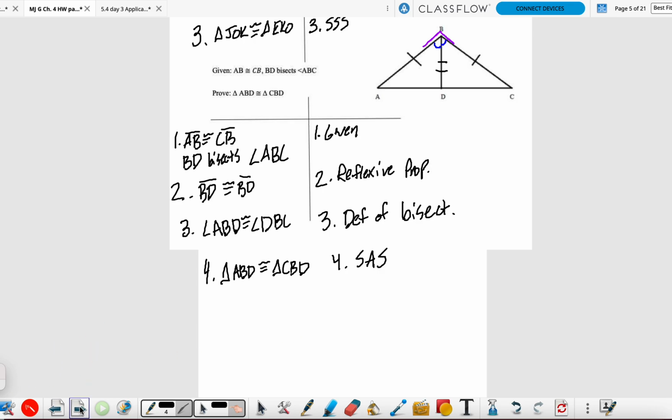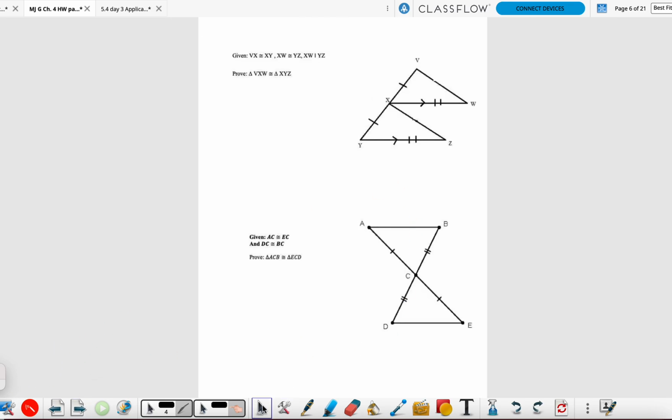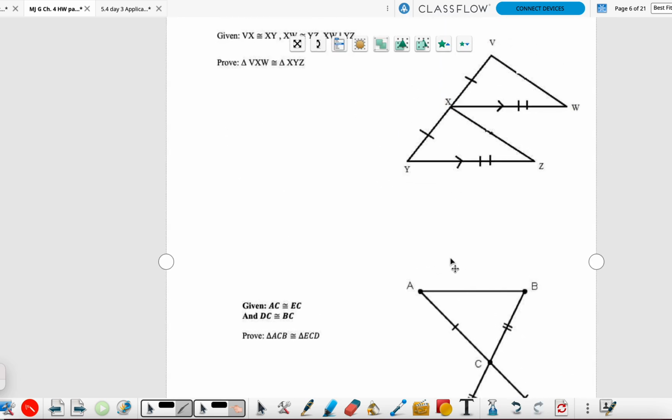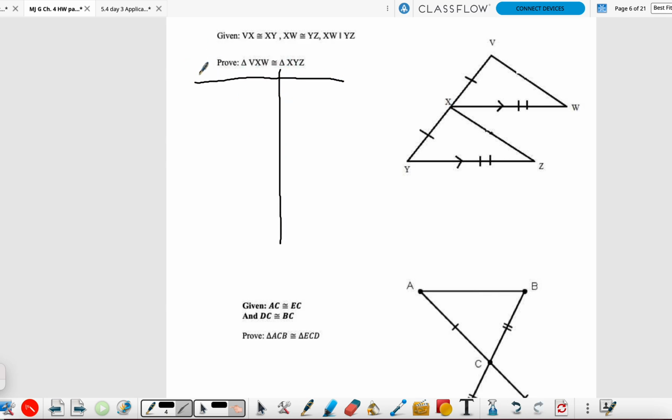Okay, moving to the back page. I'm once again going to give myself a little bit of room. Given VX is congruent to XY and XW is congruent to YZ and XW is parallel to YZ, oh boy, prove that the triangle on top is congruent to the triangle on bottom. Make our little T-chart, got statements and reasons.